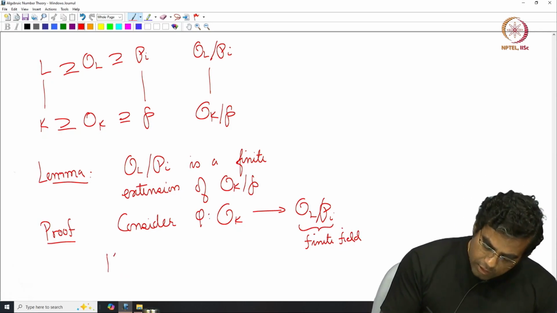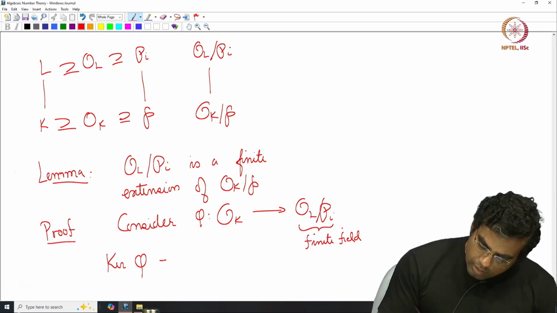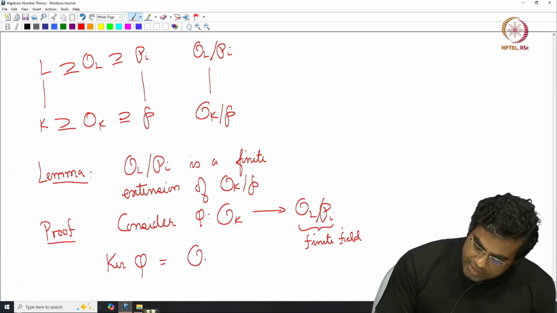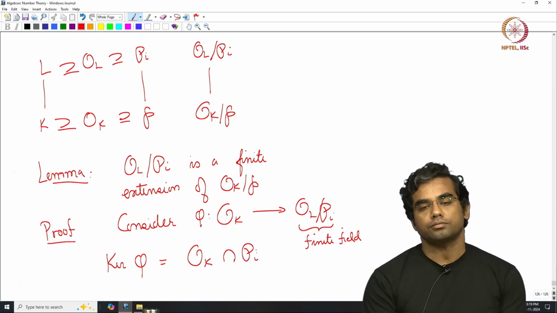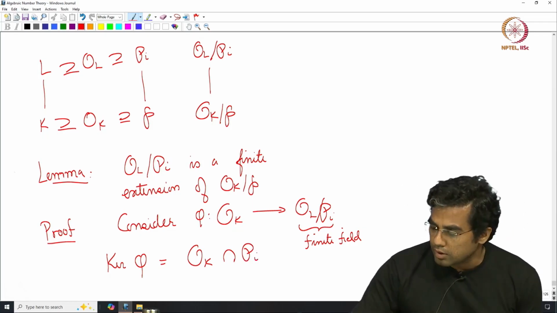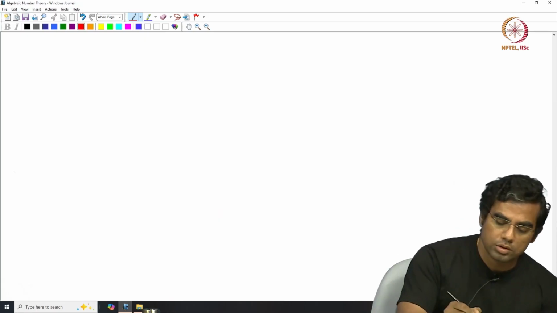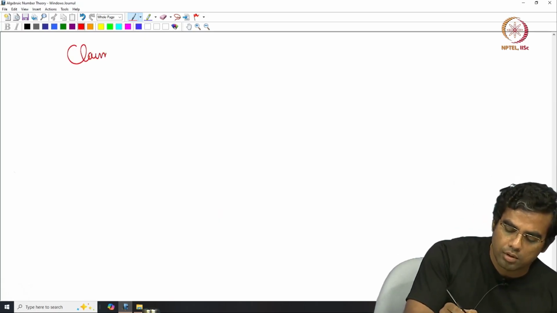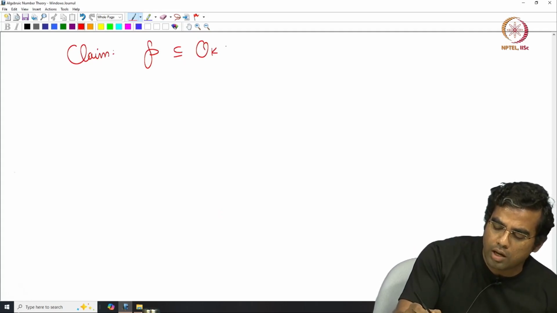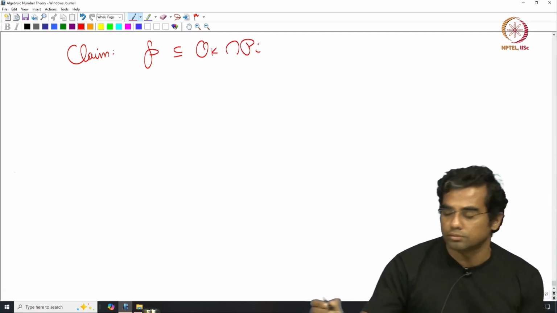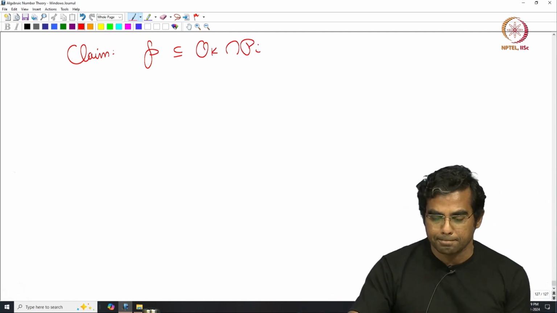Okay. So, what is the kernel of phi? The kernel of phi is precisely OK intersected with Pi, all right. And my claim is that P is contained in OK intersected with Pi, right.